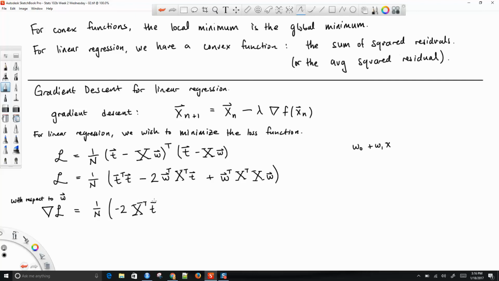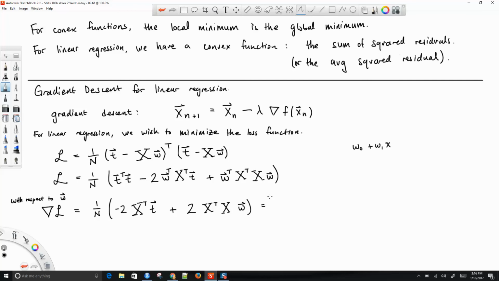Okay. And then over here, I've got W transpose X W. So with respect to W, we can almost treat this as if it were W squared, so this becomes a 2 times X transpose X W, right?